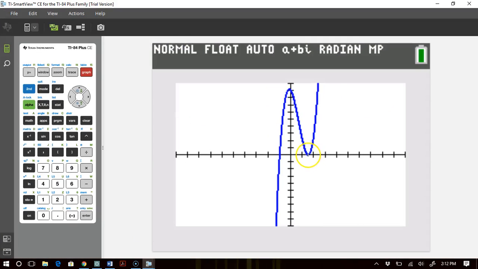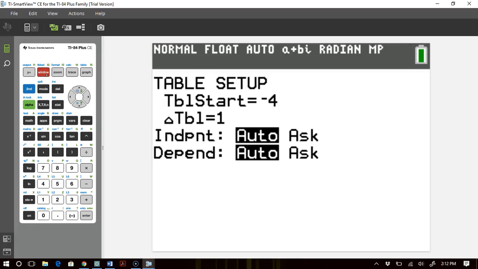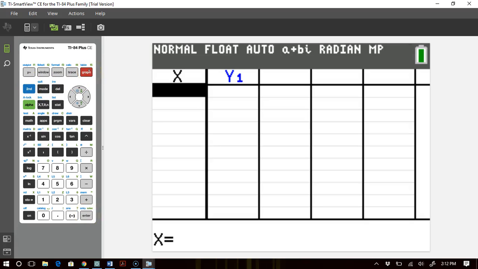It even bounces off of that. But again, I can use my calculator. I can go to table setup, and you have to get used to changing your settings. I'm going to put independent back to ask for the table. I'm going to type in 3 halves. It was right. I think the other one was -1, we said. There they are.